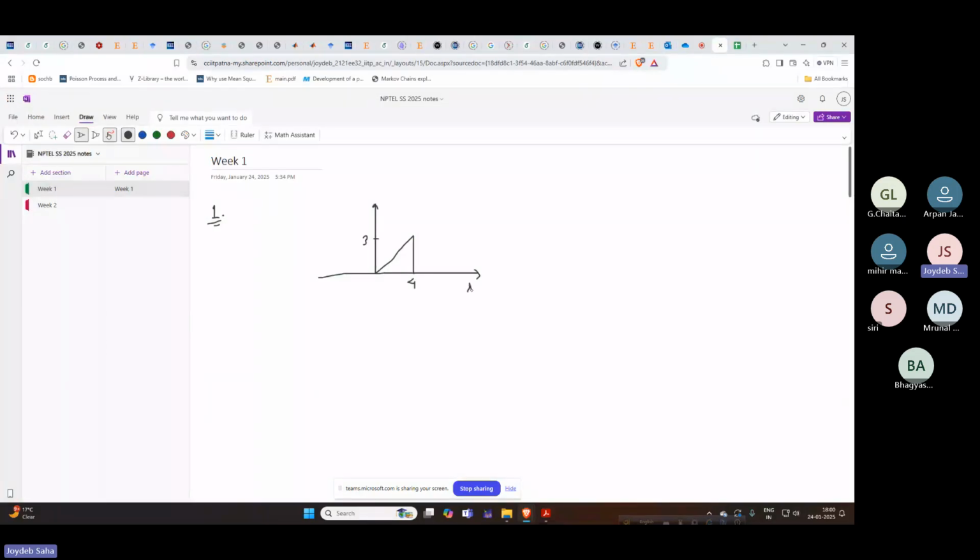This is the t axis and this is x of t. This is provided to us. And what is our goal? Question A.